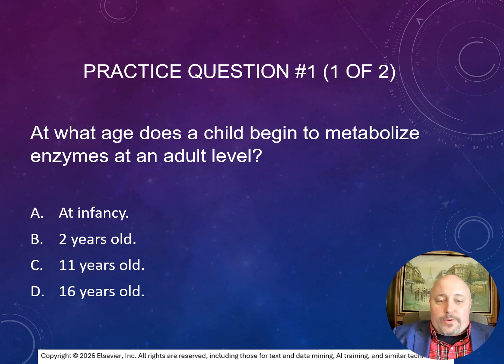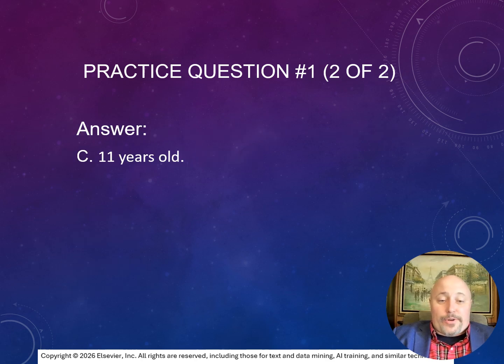The first practice question: at what age does a child begin to metabolize enzymes at an adult level? Would that be A, infancy, B, 2 years old, C, 11 years old, or D, 16 years old? And that answer is going to be C, 11 years old.